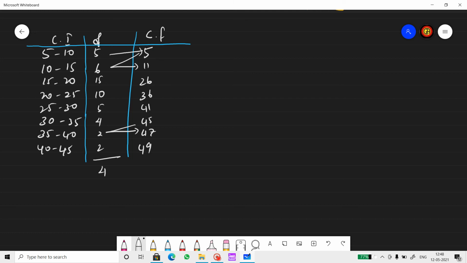And this is your total frequency, which is sigma F or otherwise N, right? N is also the same thing. Now, let's do N by 2. That's 49 by 2, we get 24.5. Now, find out where 24.5 lies. It is after 11 but before 26. Isn't it? So, we take the next greatest value, that means 26.